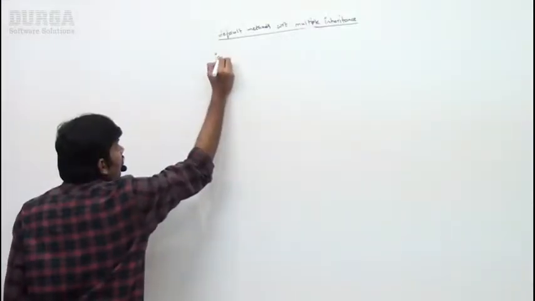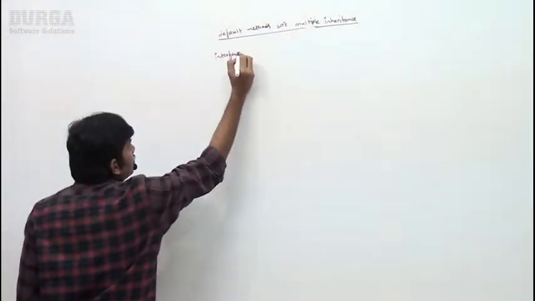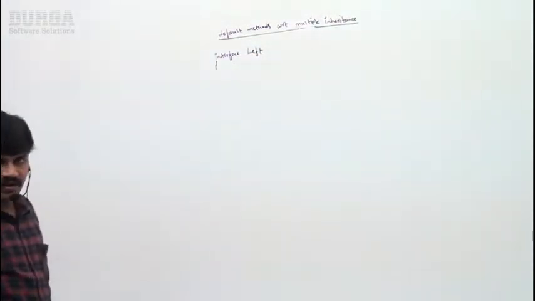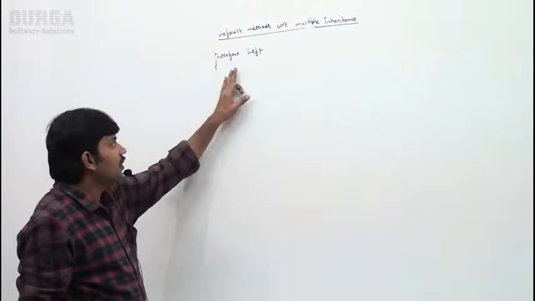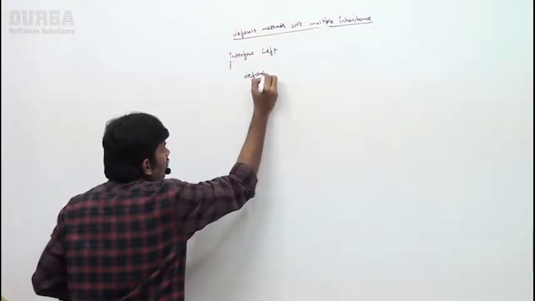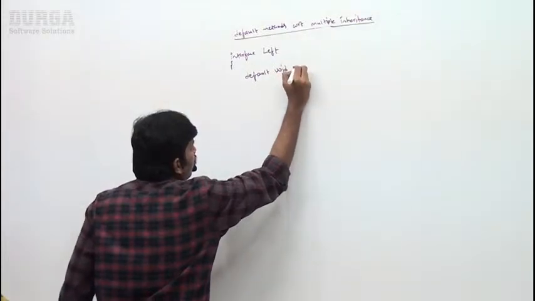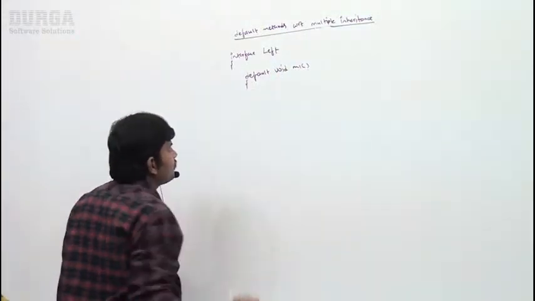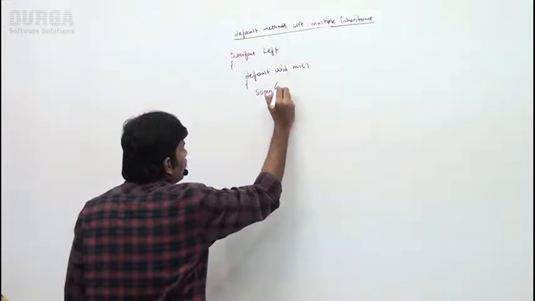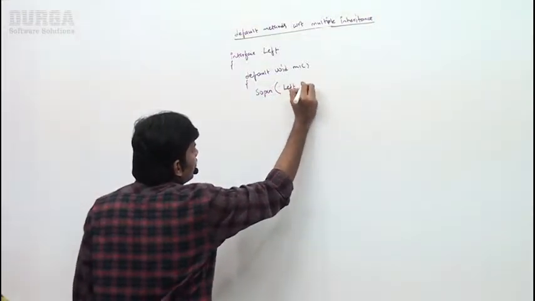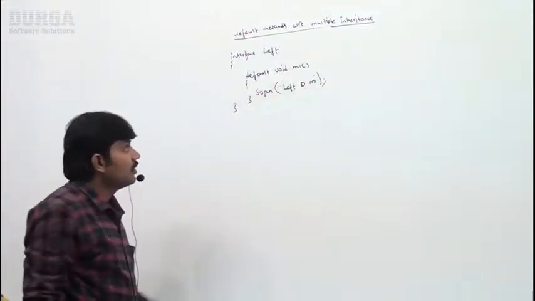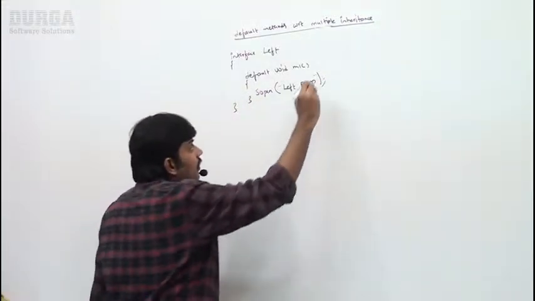Here I have interface Left and interface Right. My favorite interface is Right. In interface Left, I am taking default void m1, with System.out.println, Left default method.